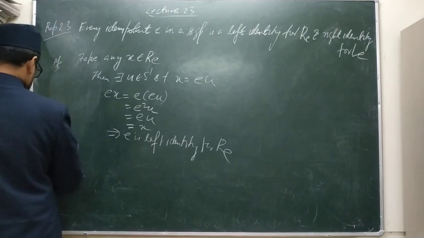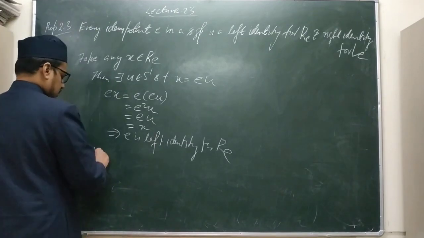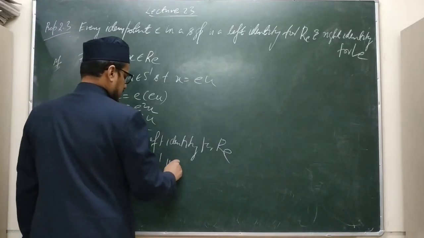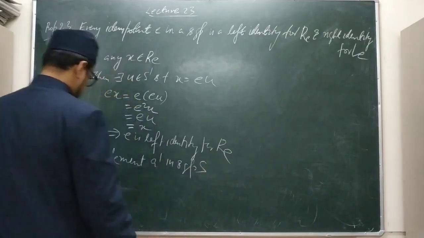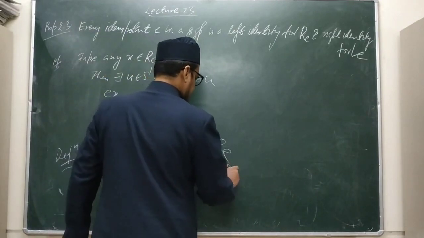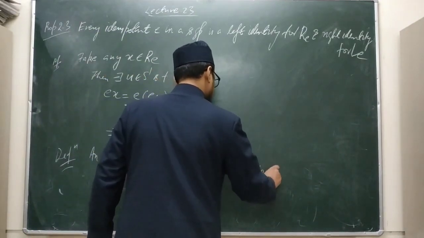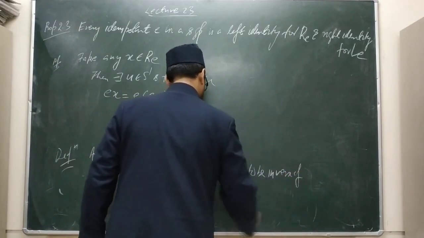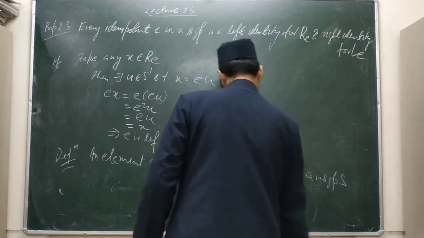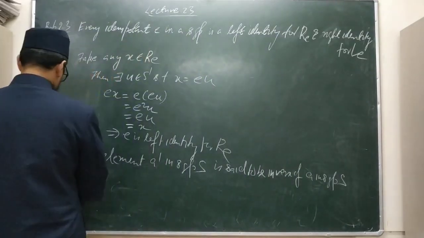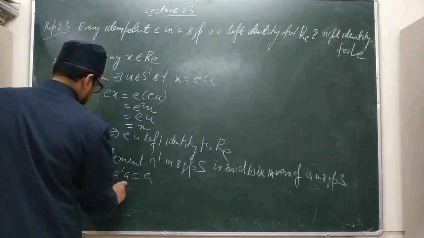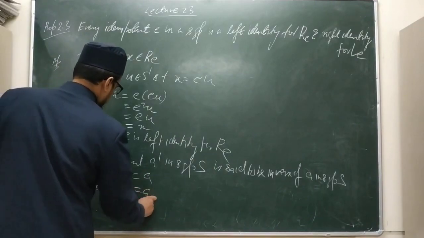Next definition is that an element a dash in semigroup S is said to be inverse of a in semigroup S if a a dash a is equal to a and a dash a a dash is equal to a dash.